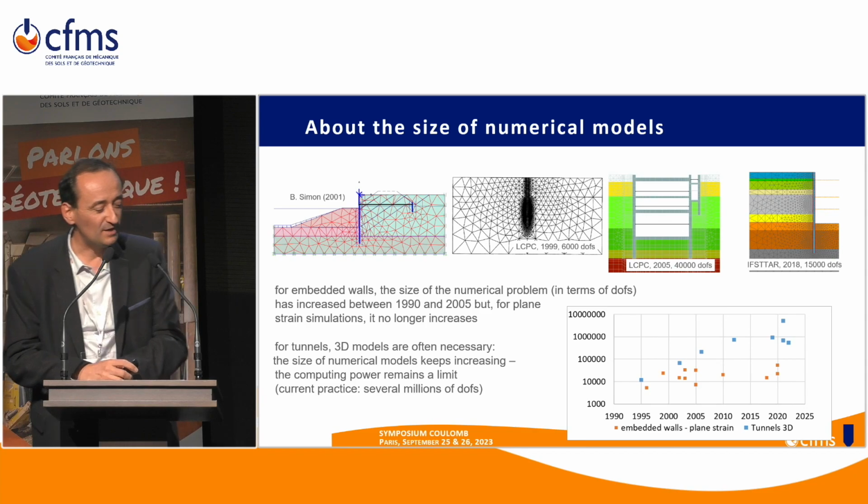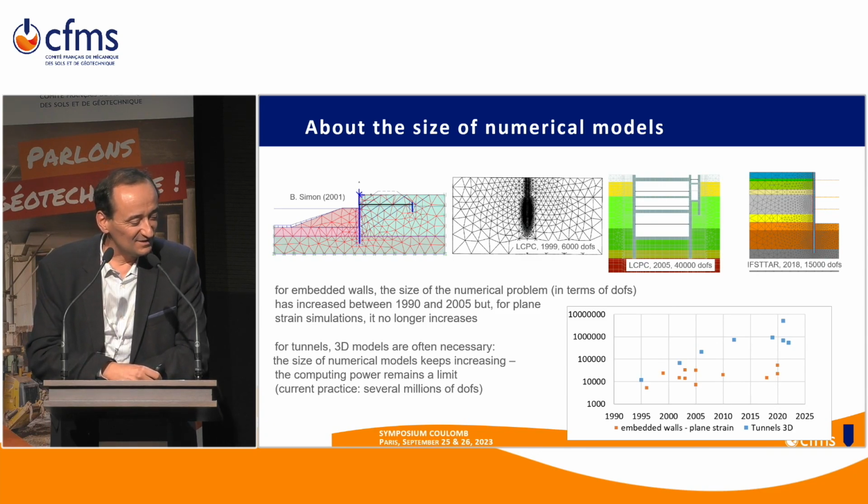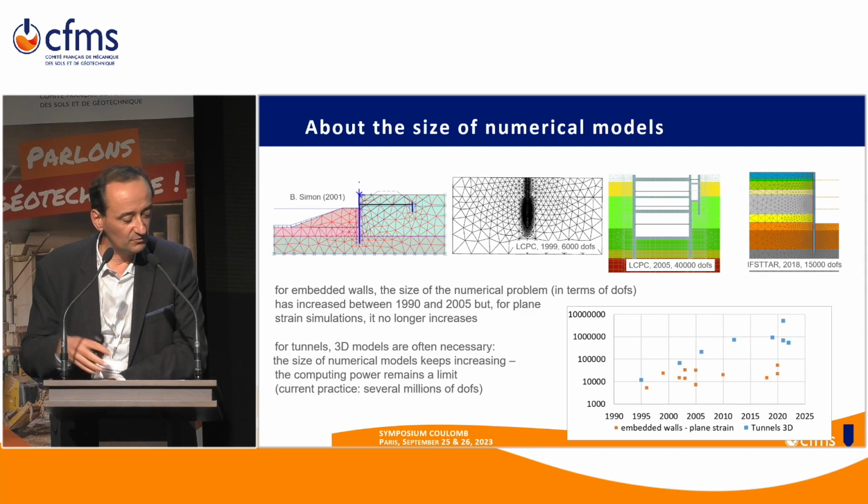I would like to make a small comment about the evolution of the size of the numerical models. I borrowed the first picture from Bruno Simon. It's a little more than 20 years ago, and well, roughly the number of degrees of freedom is around 1,000, maybe 2,000.